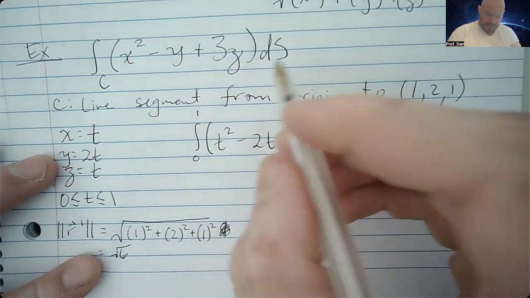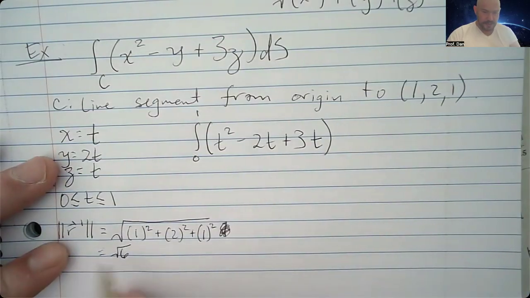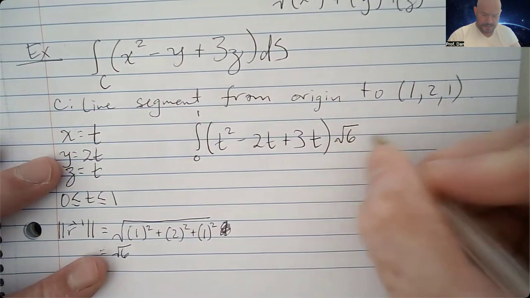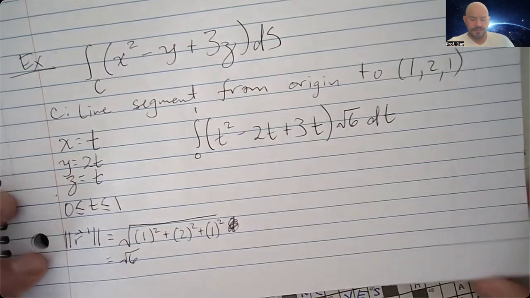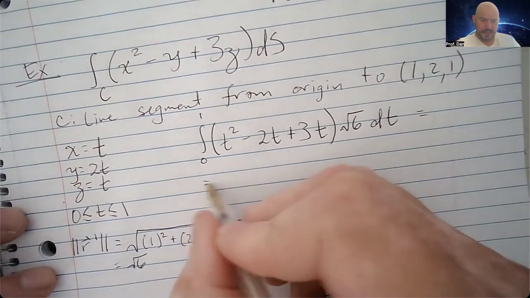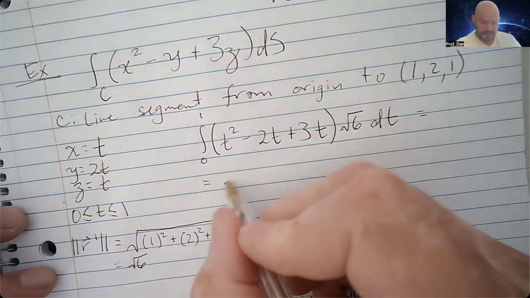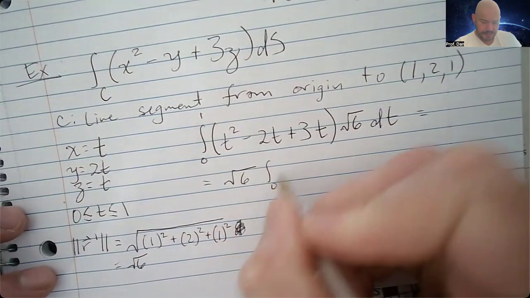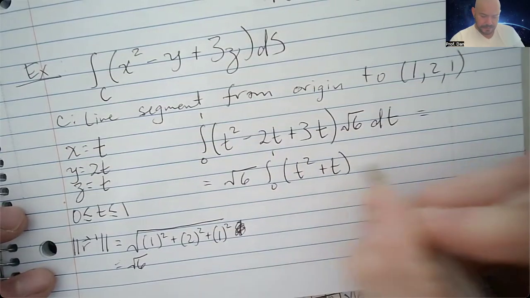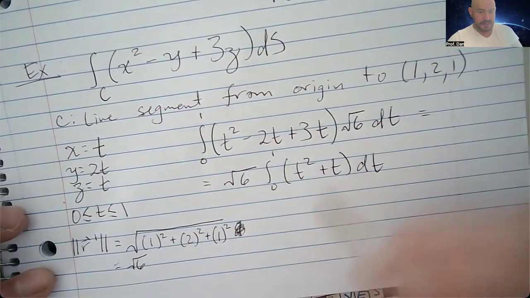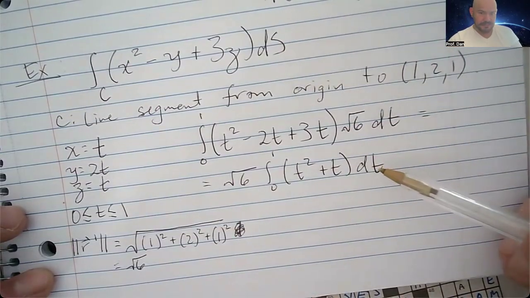Then I replace my ds with the magnitude of r prime, so square root of 6 dt. If I simplify, combine like terms, and move my constant factor out, this is what we get. So we went from that to that. Pretty cool.